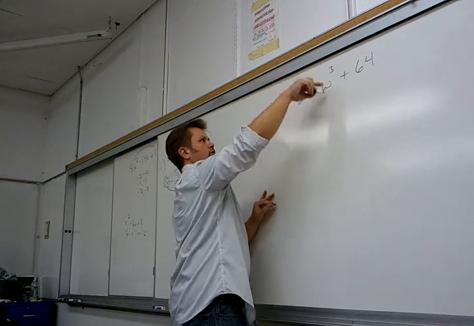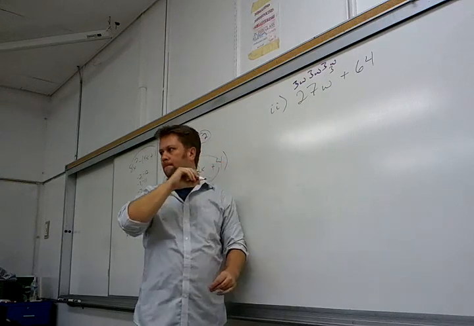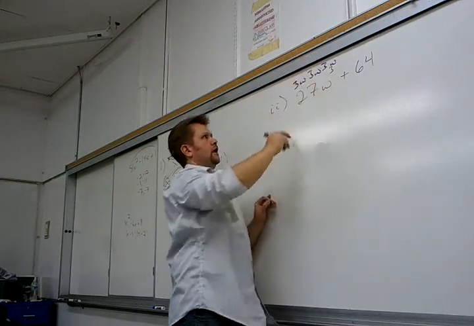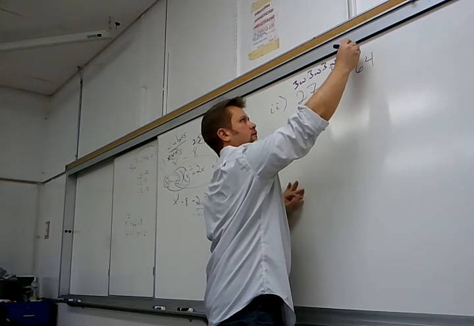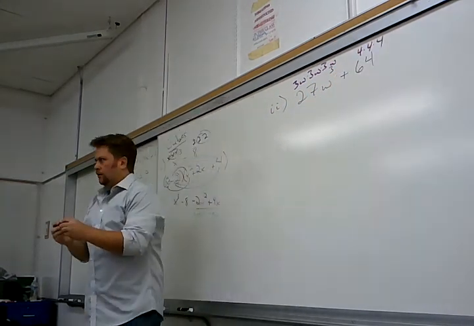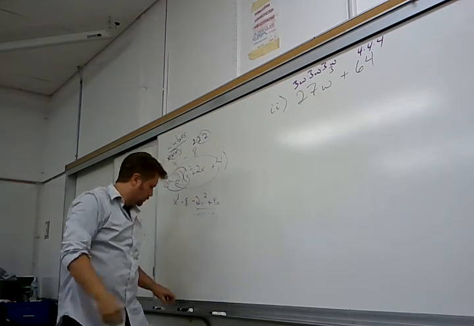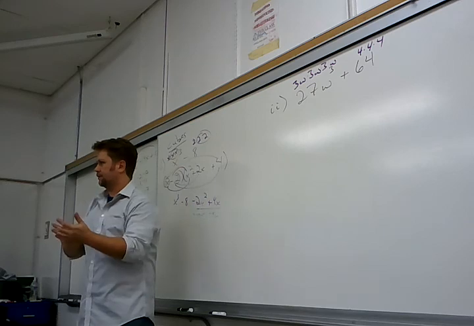So 27 and w, so 3w, 3w, 3w. That'll give you 27w cubed overall. What's 64? 4. If you're not sure, you can put it in your calculator and start multiplying something by itself 3 times and see what comes out to 64.